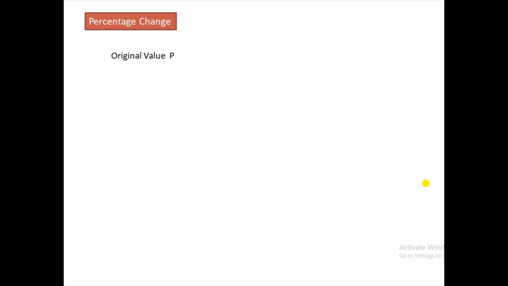So Sonu's is 25%, Abhijit's increment is 20%, so the point change is 5%. Okay, so this difference is a point difference, but the percentage difference is going to be different. That is 25%.